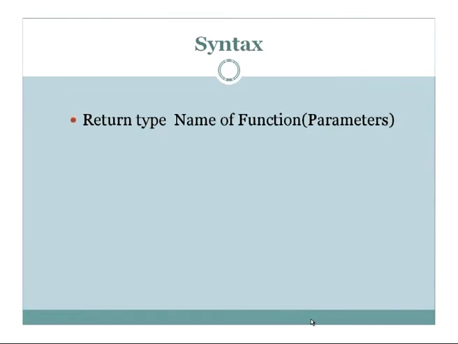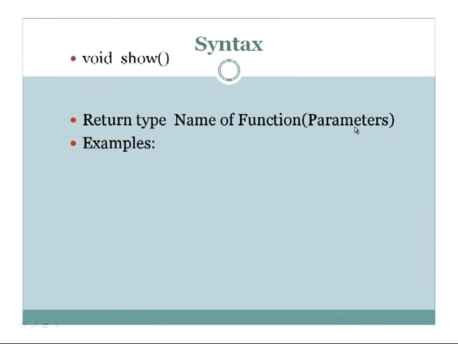What are parameters? It will be discussed later on. The general syntax for the function declaration is: you define the return type, then a space, the name of the function, and then the parameter list of the function inside the parentheses.